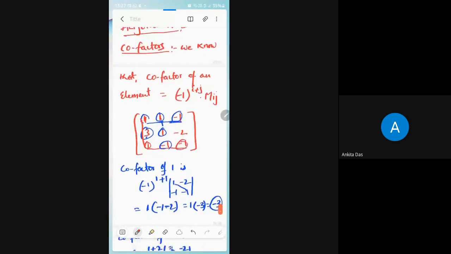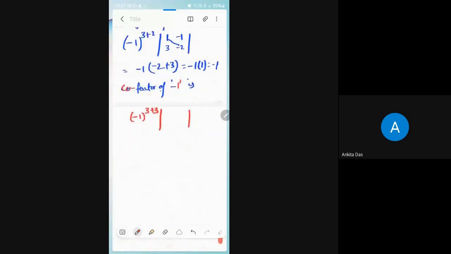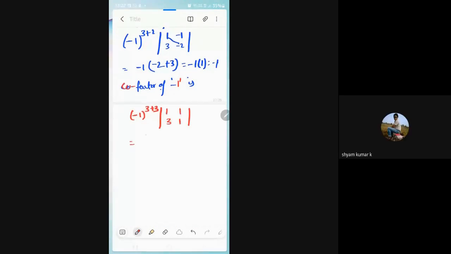This is the third row, 1 1 3 1, correct. So this is 1 1 3 1. Simple. Minus 1 to the power of 6 means plus 1 into AD, which is 1 minus 3. That implies 1 into minus 2 is equal to minus 2.